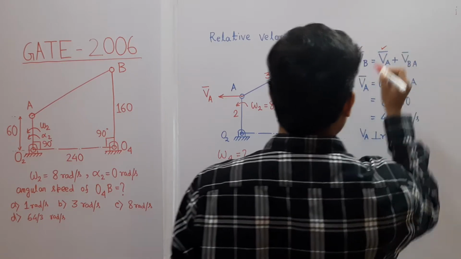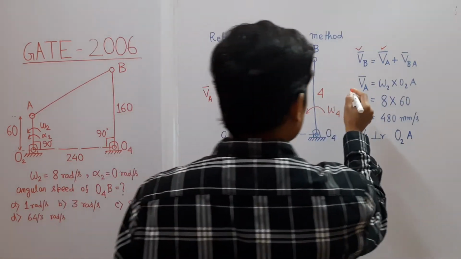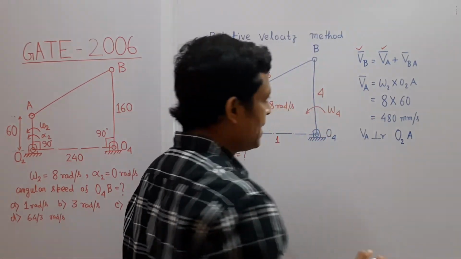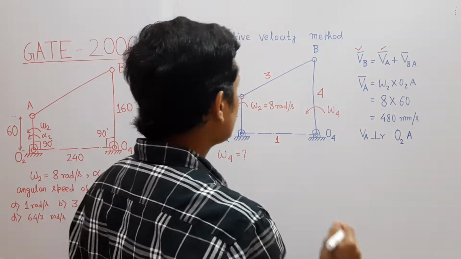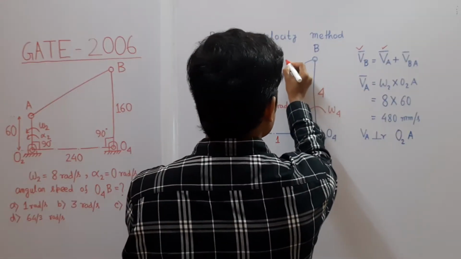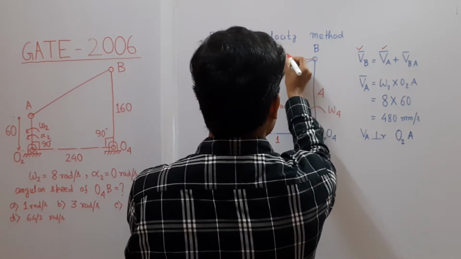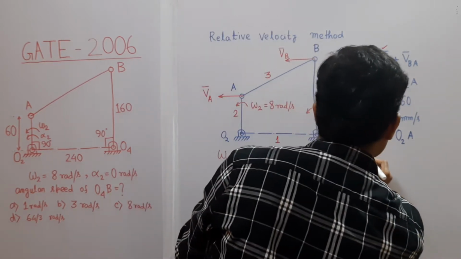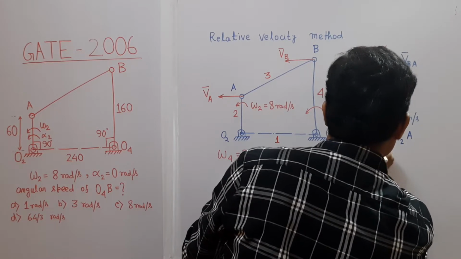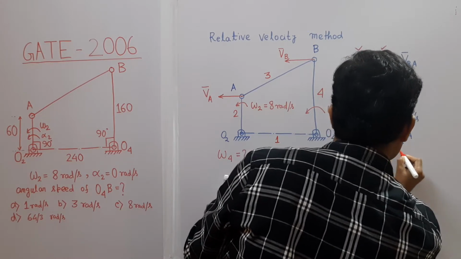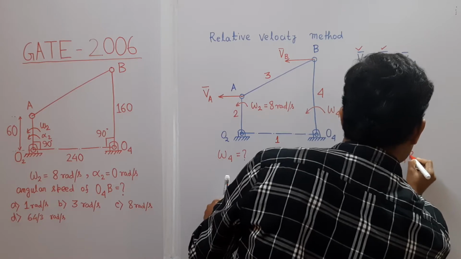Va we have already determined. The magnitude of Vb is unknown, but the direction of Vb is perpendicular to O4B.